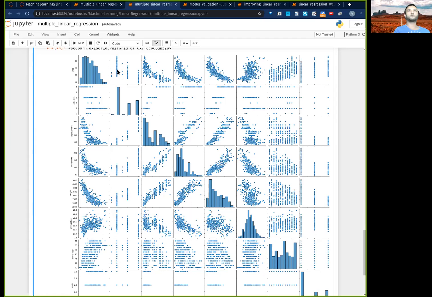We see there's more variation in the 4-cylinder case, and less variation for 6 and 8 cylinders. That does tell us some information: a 4-cylinder engine tends to have a higher miles per gallon than an 8-cylinder engine. So there is some pattern in there.